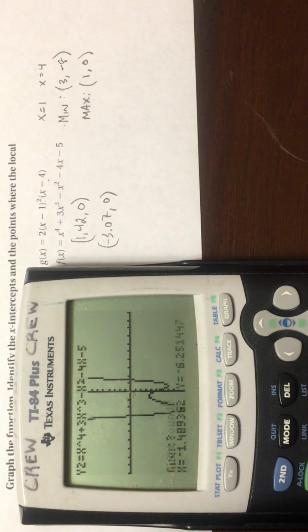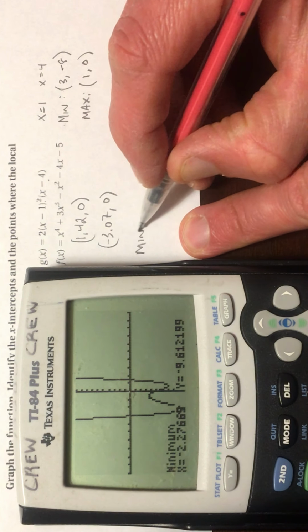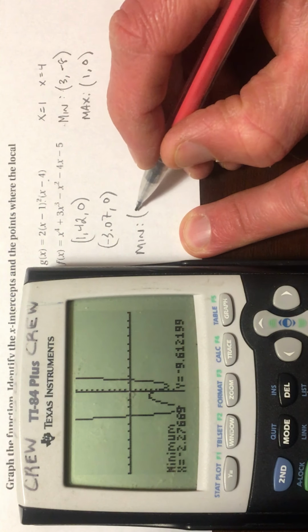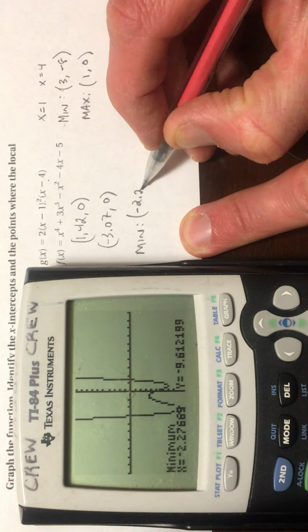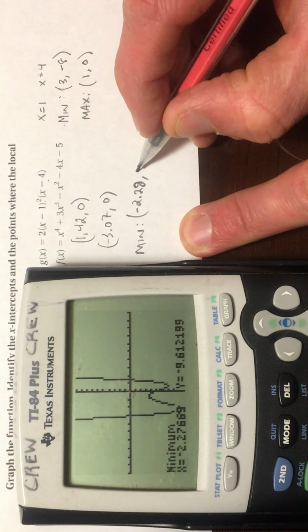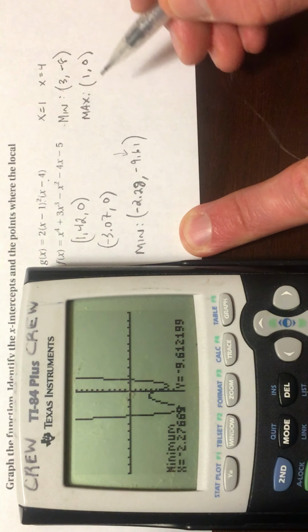Go to the right, hit enter, and puts me way down there at the minimum. So I'll label this as a min. And the minimum is only the y coordinate, but the x that it sits at is -2.28, and -9.61. So that's our local min.